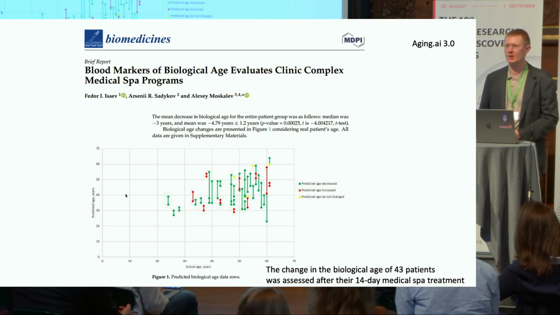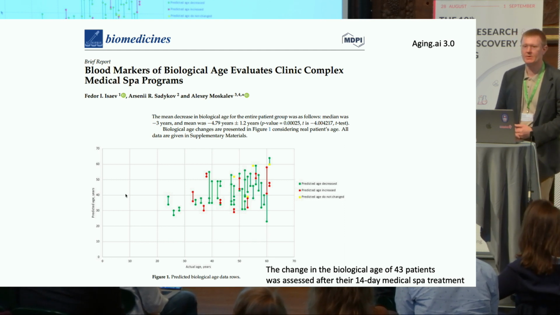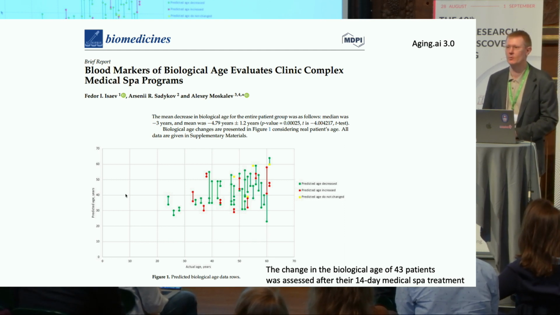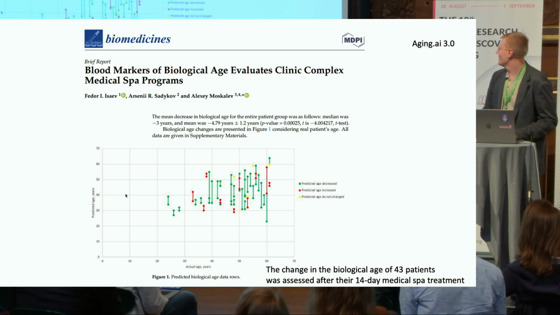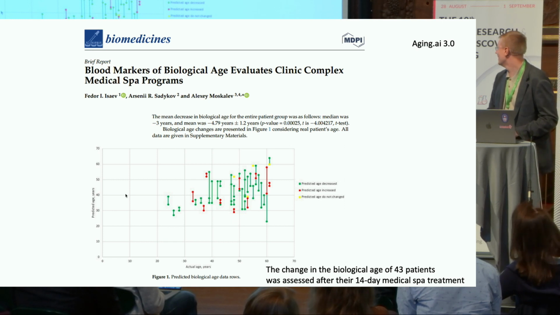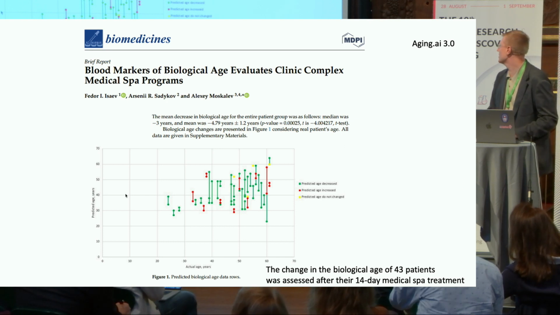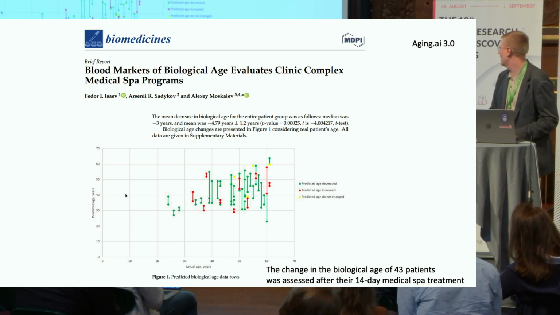After 2 weeks, we could see that in most cases we observed a decline of this parameter. Younger individuals after 2 weeks of treatment, up to 3 years of biological age using aging.ai.